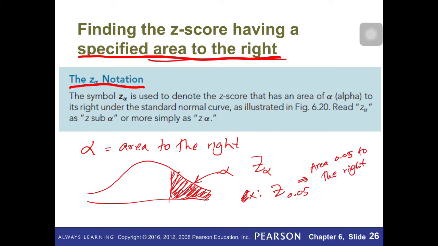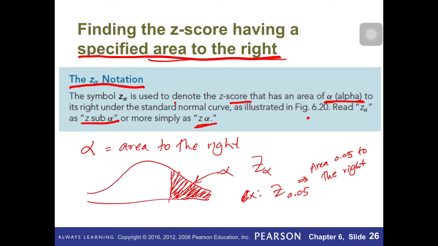Clear? That's how we define the z alpha. It is used to denote the z-score that has an area, this is called alpha, to the right under the standard normal curve, as illustrated in the next figure, I think.